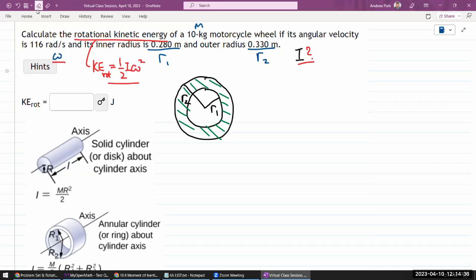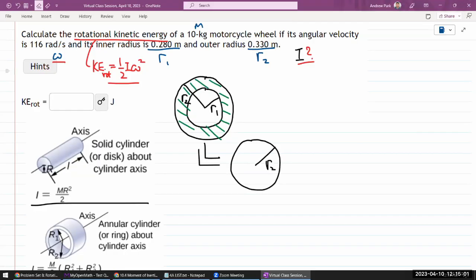As you look at it, if this was made of two parts, then you could describe it in terms of solid cylinders with the same axis. One part is of radius r2 that is a solid disk, one that's just completely filled from radius equals 0 to the outer radius.